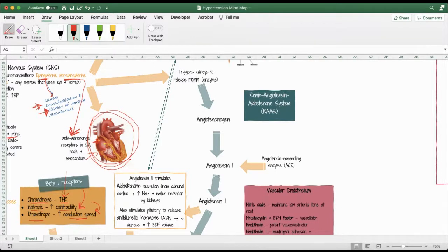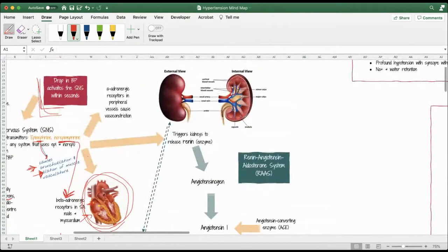That's where beta 1 and 2 are working, in the heart. But if that was the only thing, we would just have your heart rate going up, your contractility going up, and your conduction speed going up, which is great, but it does a couple of other things as well. When your sympathetic nervous system is triggered, it also sends a signal to the alpha 1 receptors in your peripheral vessels, meaning the blood vessels in your legs and hands and feet, your body, not necessarily your arteries.